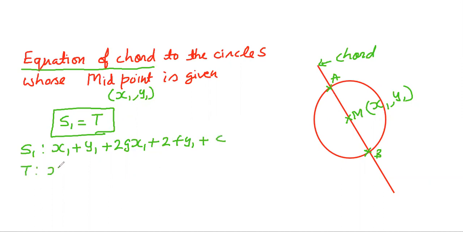T is x x1 plus y y1 plus G times (x plus x1) plus F times (y plus y1) plus constant C. This is the equation of the tangent.